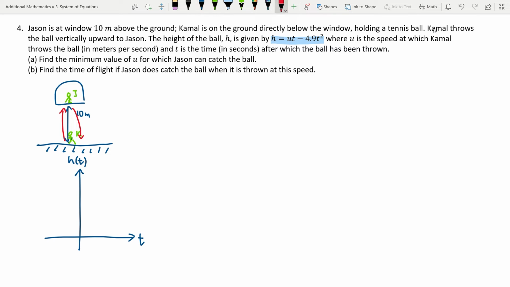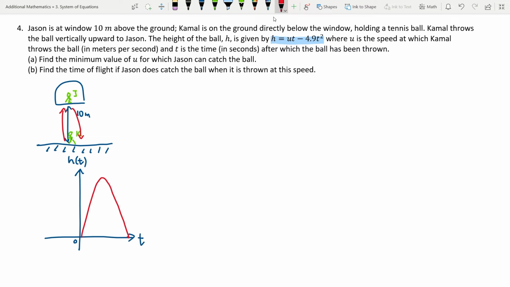Because our x-axis is time, we do not have any negative values. We have a negative t squared, hence the curve should look like this. When Kamal starts throwing the ball, it will go up until the maximum height. If Jason does not manage to catch it, the ball will drop back to the ground.